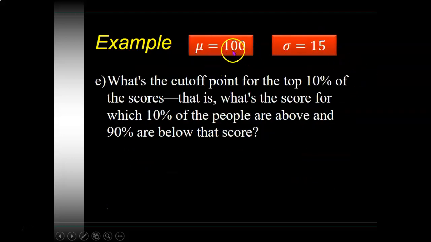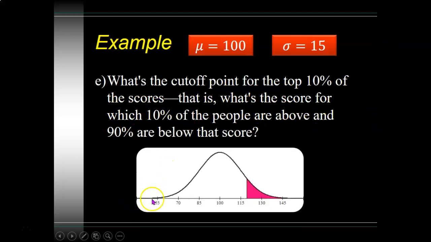Okay, so we've got our mean of 100 and our standard deviation of 15, and we've got our assignment here to find the cutoff point for the top 10% of the scores. If you draw a bell-shaped curve, the top 10% would be over here on the right, where the numbers are biggest. Top means biggest, and I've marked off this shaded region that makes up about 10% of the whole thing.